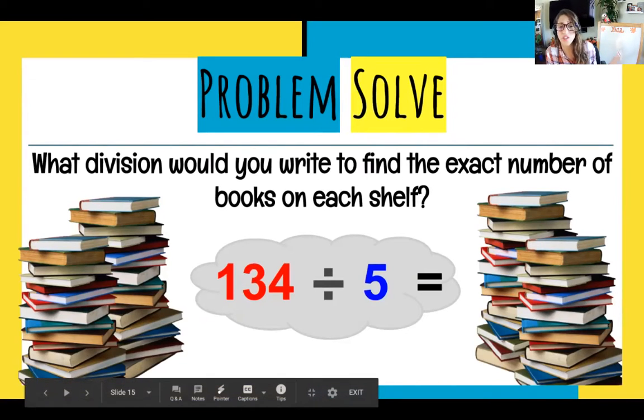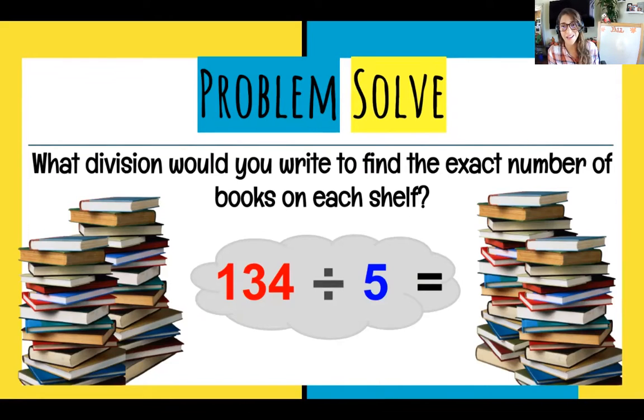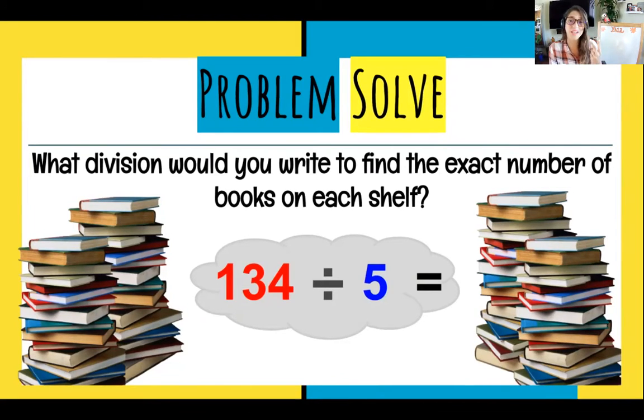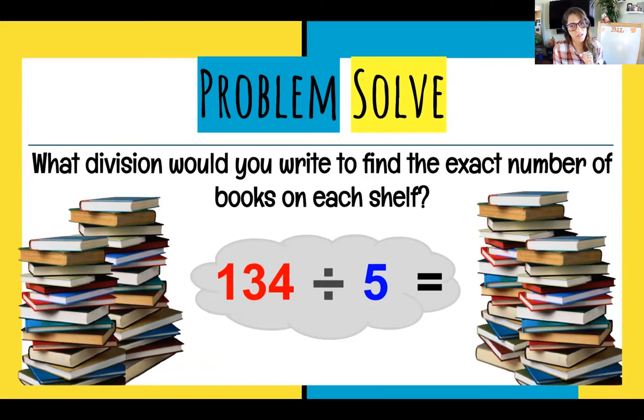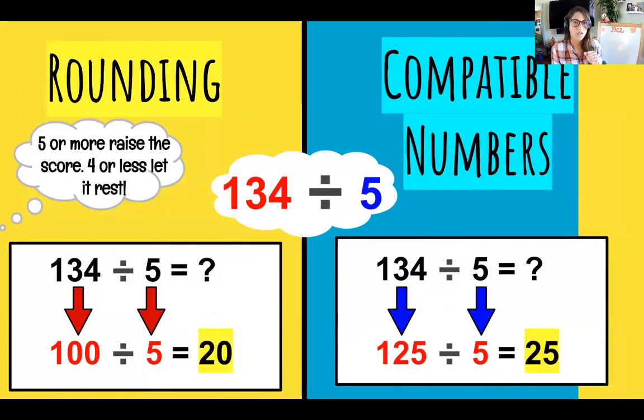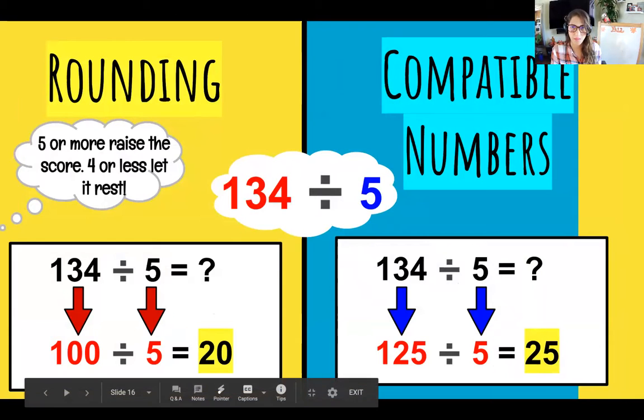So here's our equation, 134 divided by 5. Now we've got two ways that we can estimate here. Again, this is for mental math purposes. So let's take a look at what we can do. Let's begin with just one way. Let's start with our rounding method.